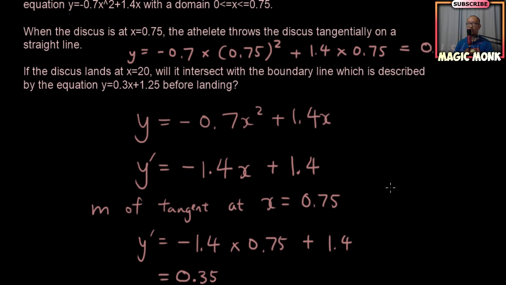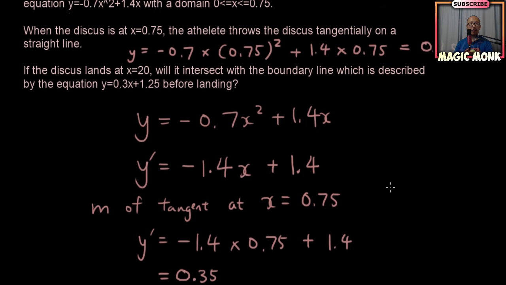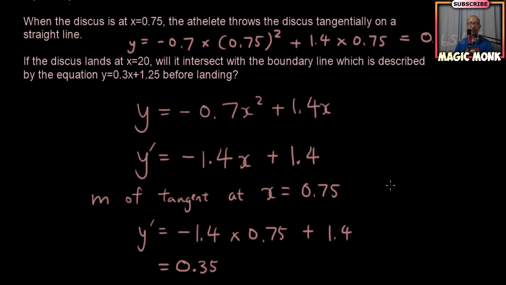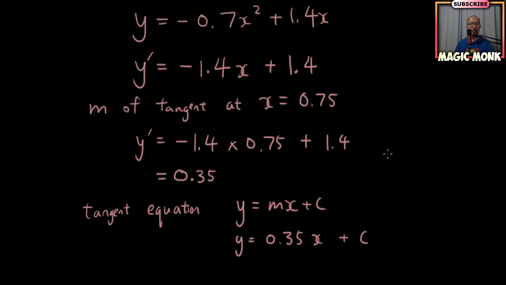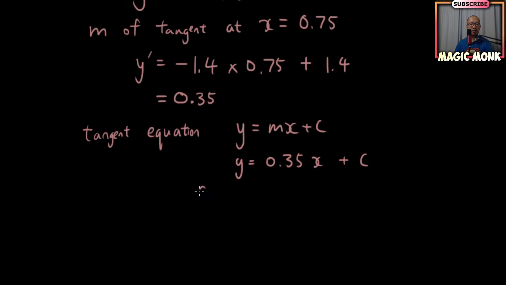So what we're going to do is put that 0.65625 where y is. So 0.65625 equals 0.35 times the x coordinate, 0.75, plus c, and we want to find out what c is.